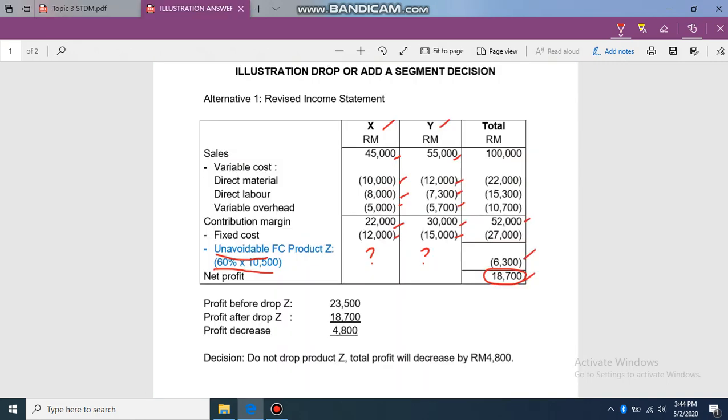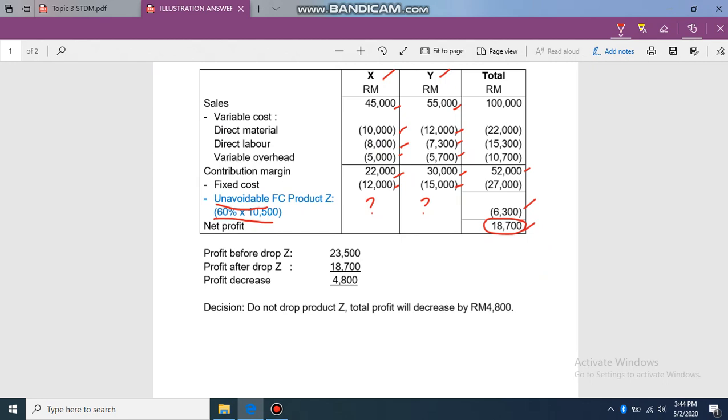So what is the difference? Before 23,500, after 18,700, that means the profit decreases by 4,800. If it decreases, we put it in brackets. So the profit decreases by 4,800.